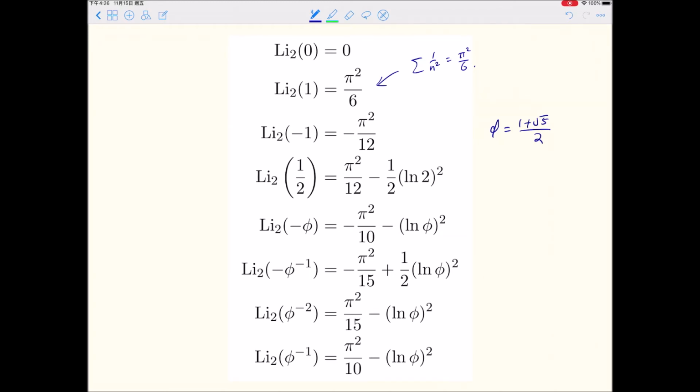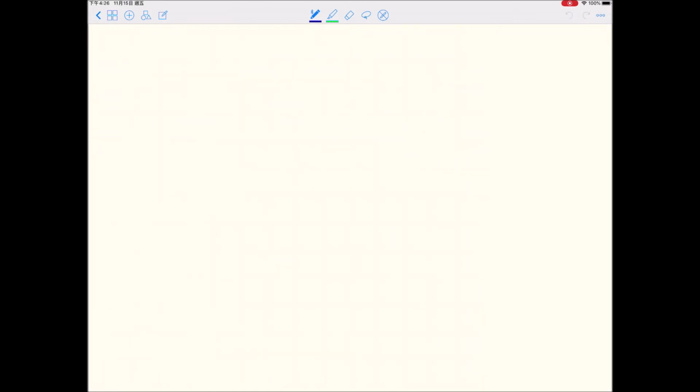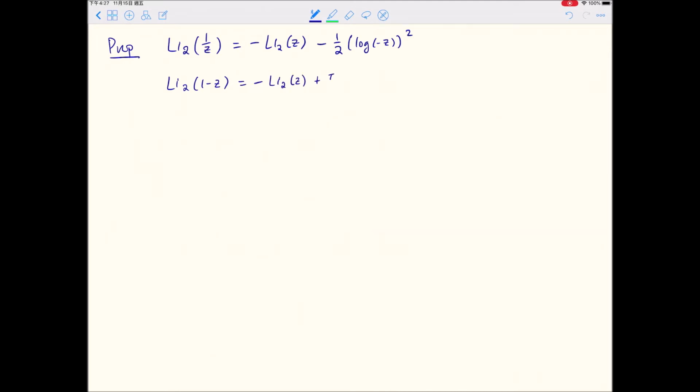This function also enjoys several functional equations. So the reciprocal, Dilogarithm of 1 over z, will be related to the function itself together with some elementary functions in terms of the log. And 1 minus z will be of this form.